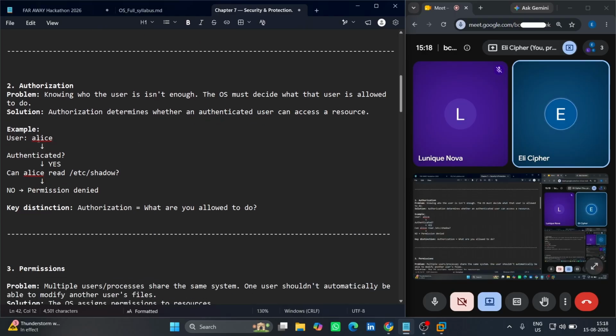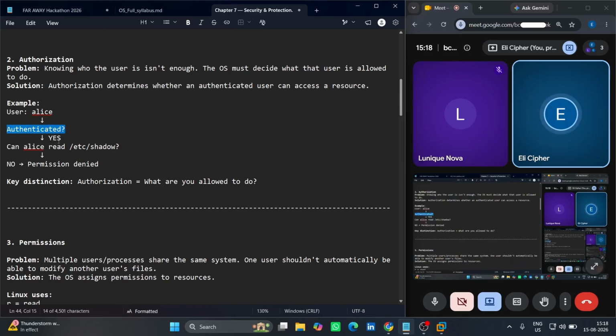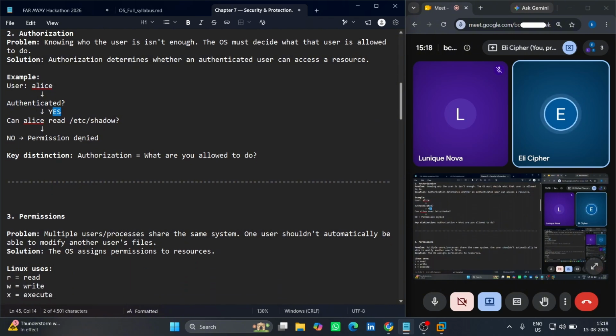For example, here is a user named Alice. It is authenticated, yes, because it has given its password and all the things which were needed. Can Alice read /etc/shadow? Shadow is a file which is used to store all the information about the users' passwords, right?